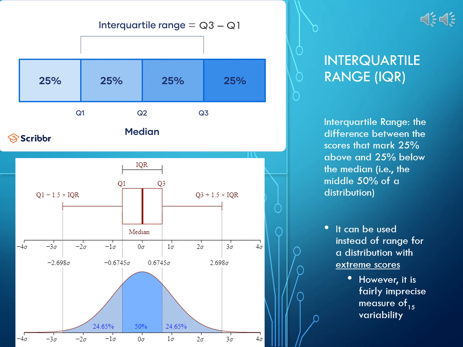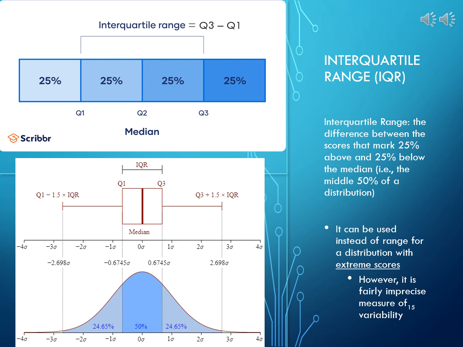And in this upper image, you can see if you split a distribution into equal quadrants of 25% of scores, then Q2, which is right in the middle between the second and third quadrants, is the median.